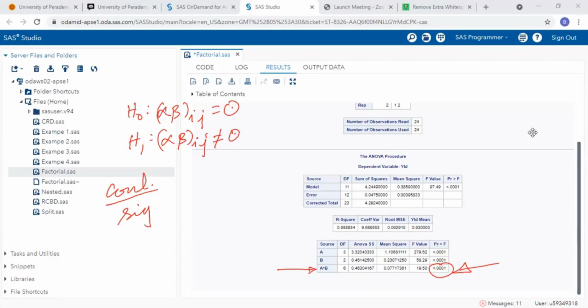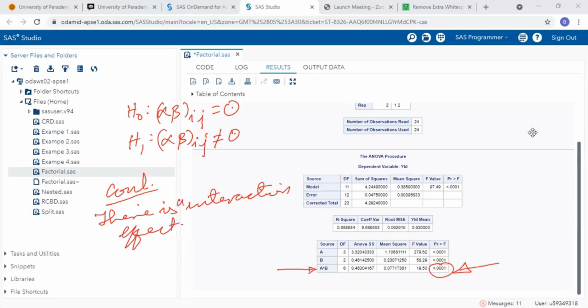We could say there is an interaction effect, right?